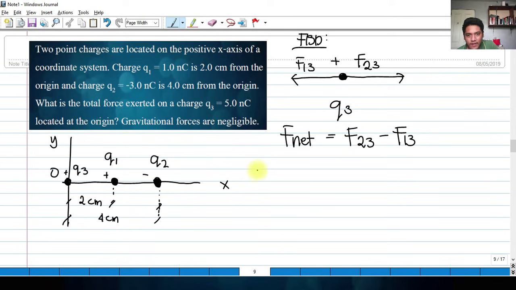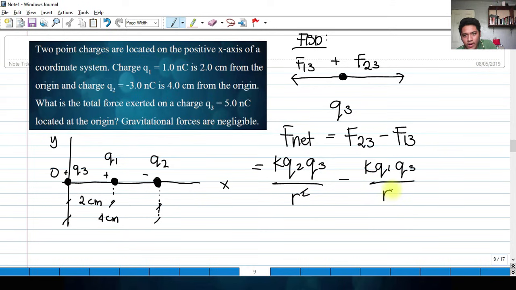So to get F23, we have kQ2Q3 over R squared minus kQ1Q3 over R squared. The distance of charge 2 to charge 3 is this R, and this R is the distance between charge 1 and charge 3. So we have 9 times 10 raised to 9.